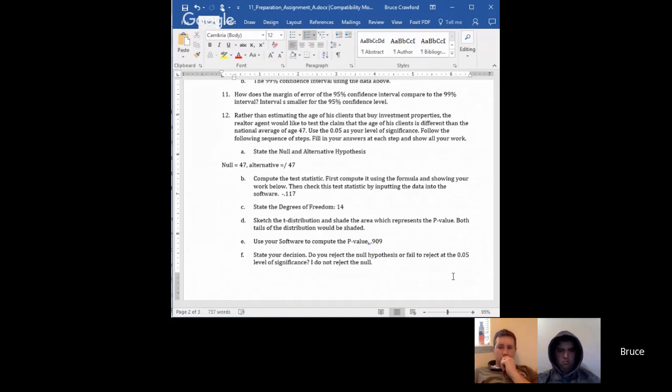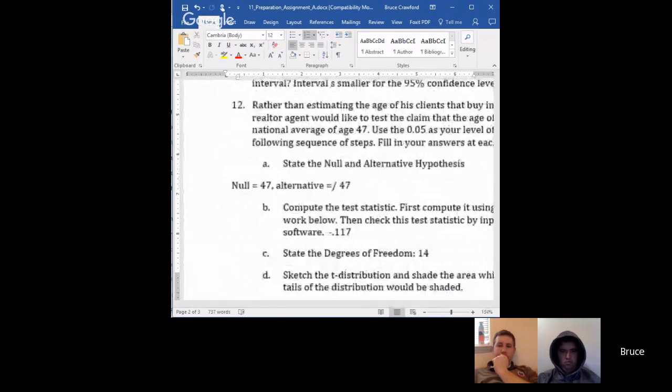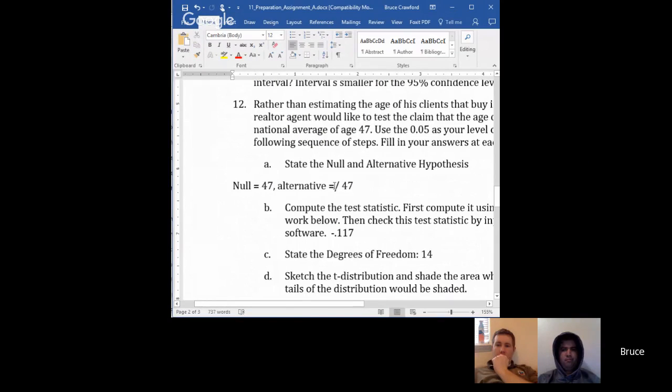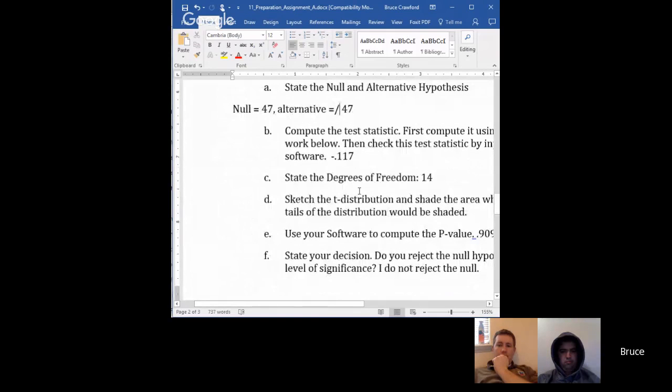Fill in your answers at each step and show all your work. A, state the null and alternative hypothesis. Null 47, alternative not 47. I don't know how to make the not equal sign in Word. You have to insert a symbol. Oh. Okay. Not worth it for this assignment.